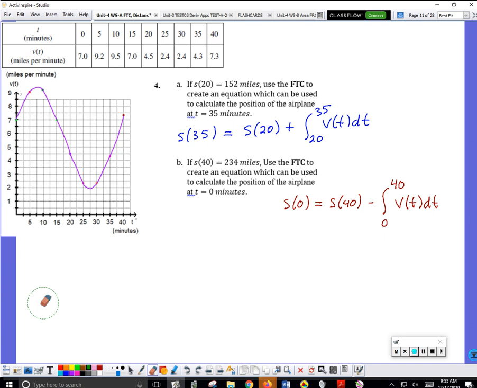Now, the idea on B was, this is a great start, then this would be dt. And then they're asking for an equation that can be used to calculate. This is an equation that can be used.